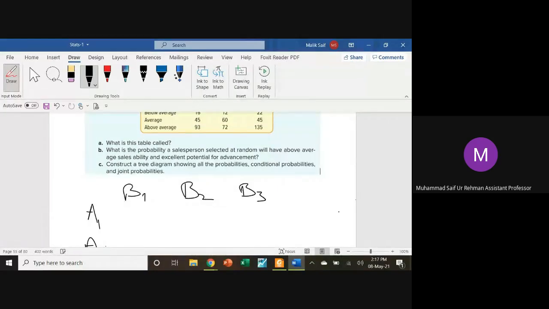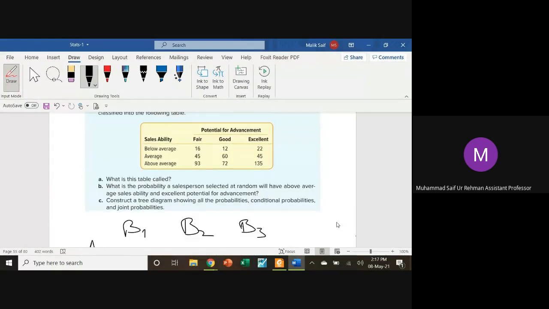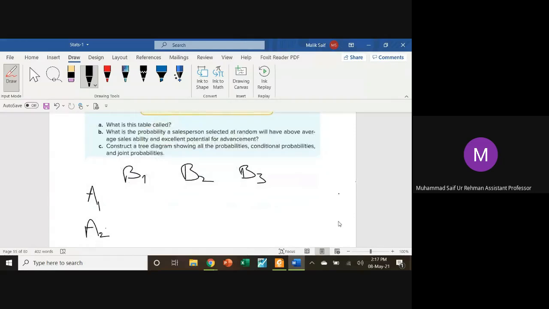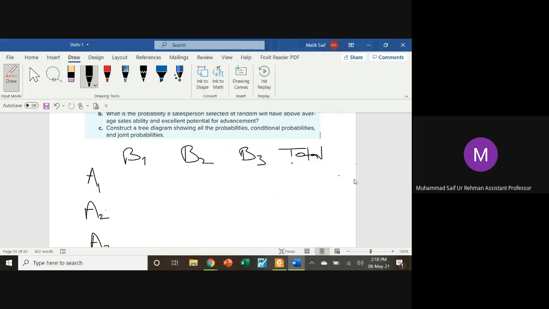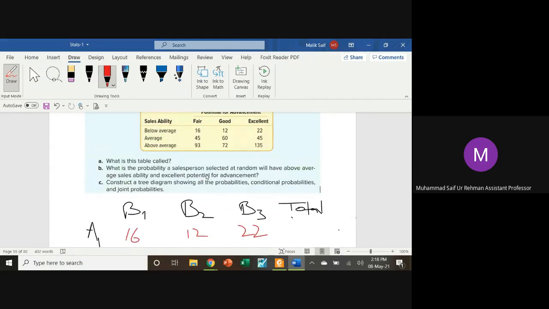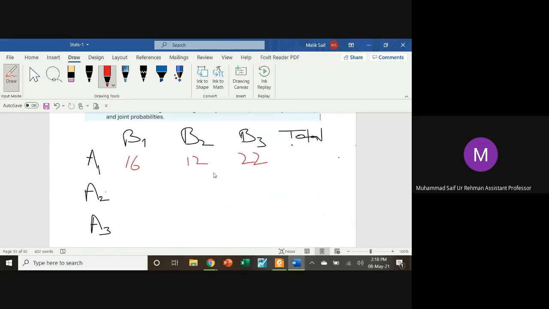B3 is for excellent potential for advancement. And similarly, there will be total as the last column, like this. Right? So now let us write down these values 16, 12, 22. Then 45, 60, 45.